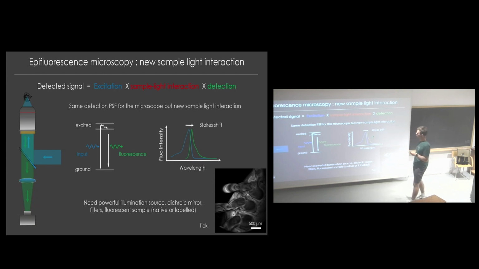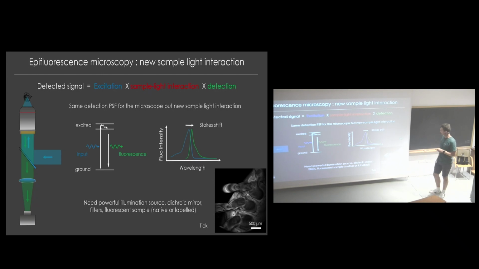A good thing here is that, due to what is called the Stokes shift, you can spectrally separate the emission and the excitation. You usually have a few tens of nanometers in wavelength between these two peaks. If you put a cutoff right in the middle, you can still send the blue light to your sample, but only collect the green light on your detector.